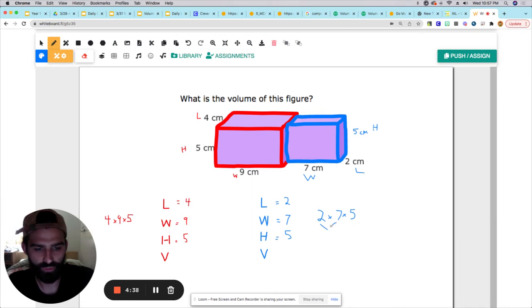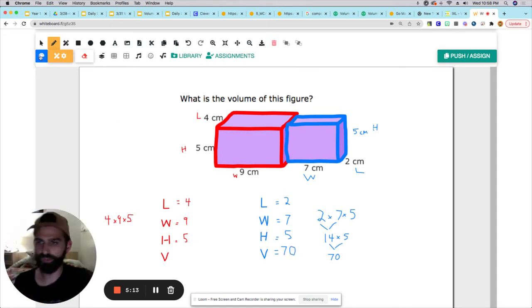I know that 2 times 7, whoops, that's wrong. 2 times 7 is 14, and then 14 times 5. So I know 10 times 5 is 50 and 4 times 5 is 20. So that's going to give me a volume of 70 cubic centimeters.